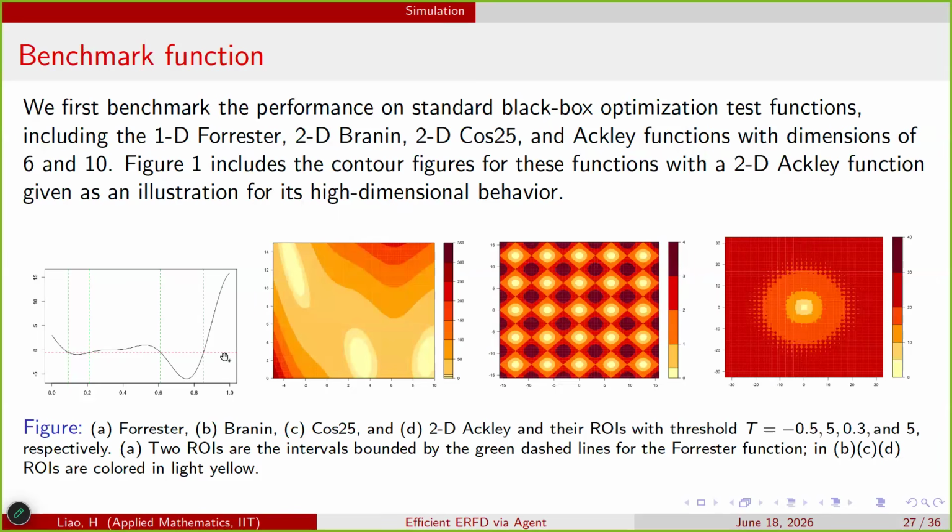And I just show some illustrated pictures of what we consider. Start from one dimension. If it's a global optimization, we just need to find this point. But now I set this threshold to be negative 0.5, I think. So then we have two regions of interest to detect instead of just one.